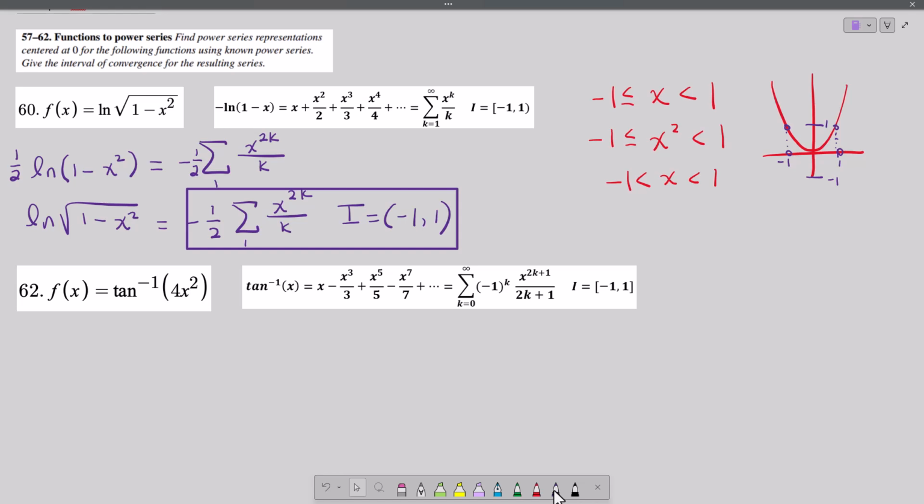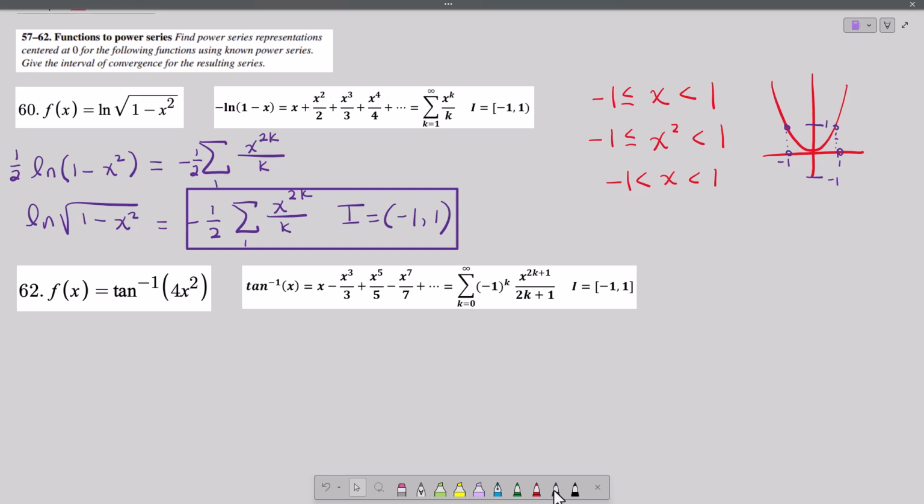Which makes perfect sense if you look at the left side. If you plug in -1 on the left side, you end up with natural log of 0, which is undefined. Right? Natural log of 0 is undefined.